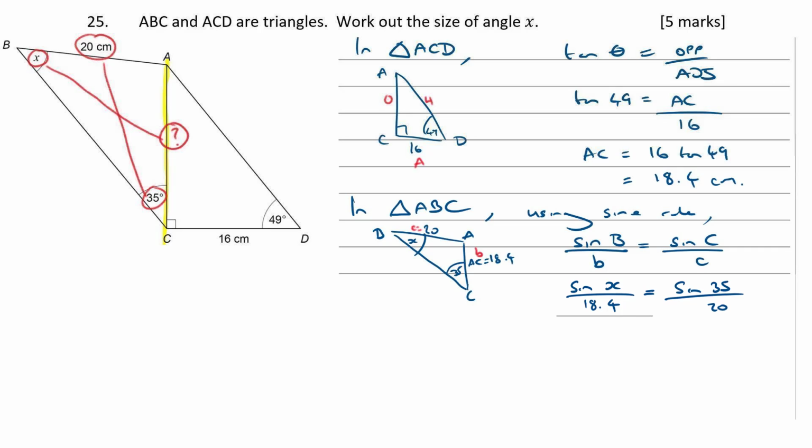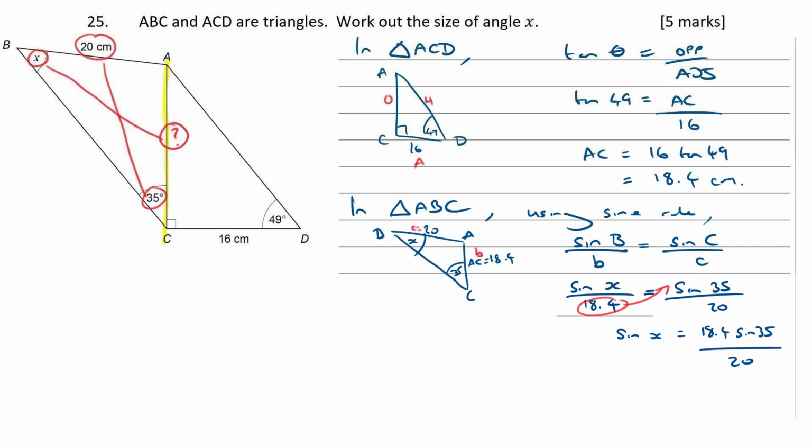So rearranging that for x, I'm going to get sine x is equal to 18.4 sine 35 over 20. All I've done is cross multiply that up there, haven't I?